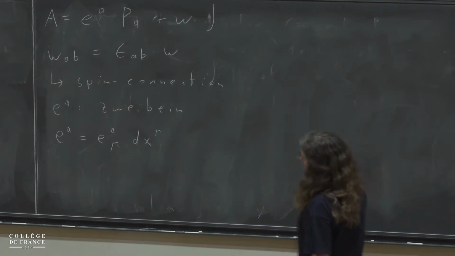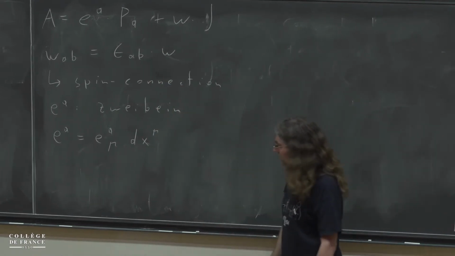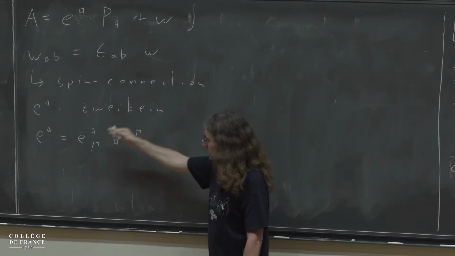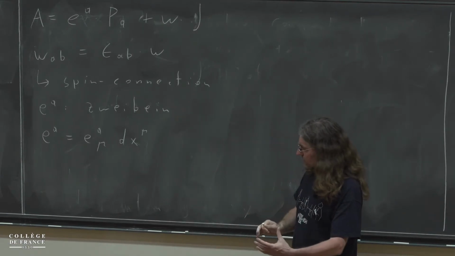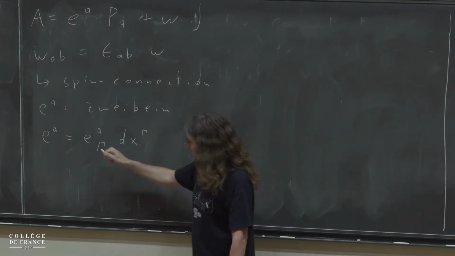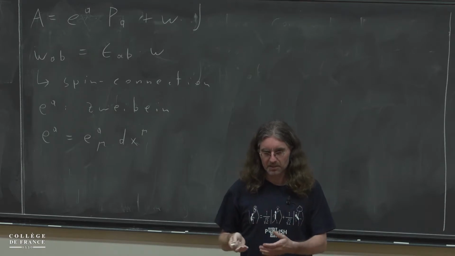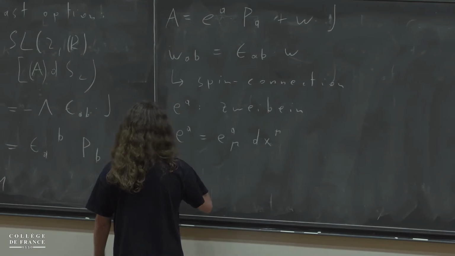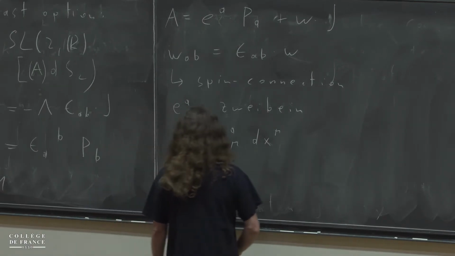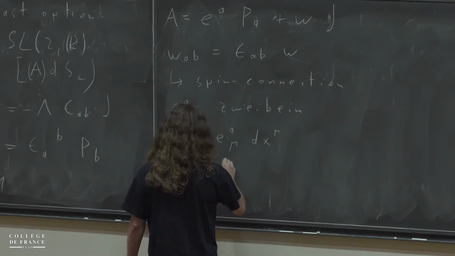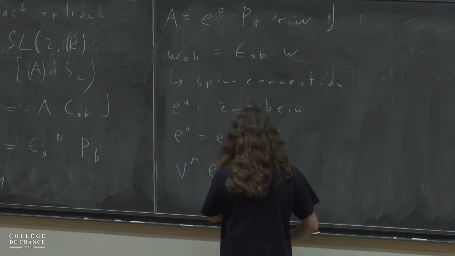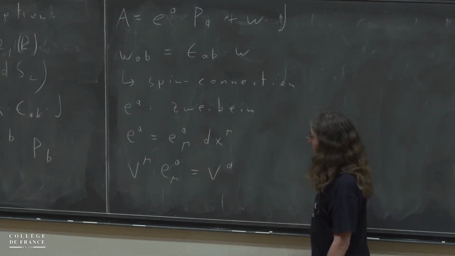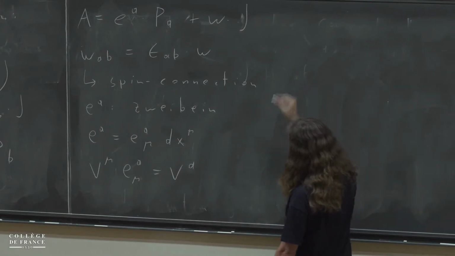So this is the famous Cartan formulation of gravity, and this Vielbein, in two dimensions called Zweibein, allows you to convert spacetime vectors, so vectors that have a spacetime index, into Minkowski vectors. So if you have an arbitrary vector v^mu, you can contract it with this Zweibein, and in this way you generate a vector with an index A. And these Latin indices are raised and lowered by the Minkowski metric.